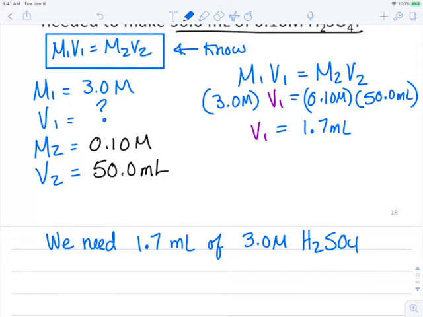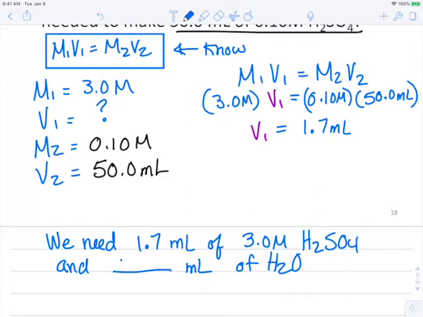So here we need 1.7 milliliters of 3 molar sulfuric acid and how many milliliters of water? What do you think? The rest, and subtract. So go ahead and do that subtraction. How many milliliters of water do we need?